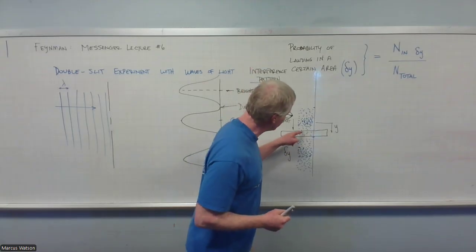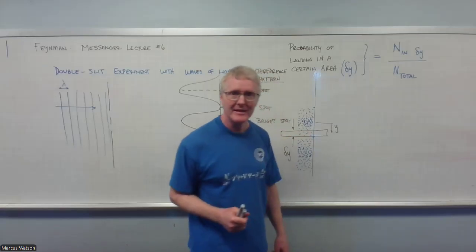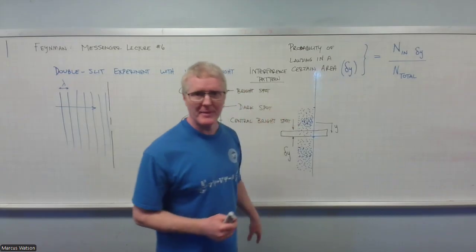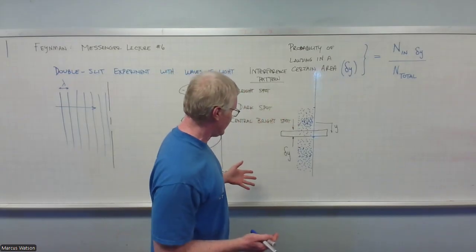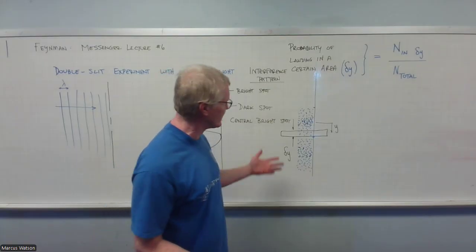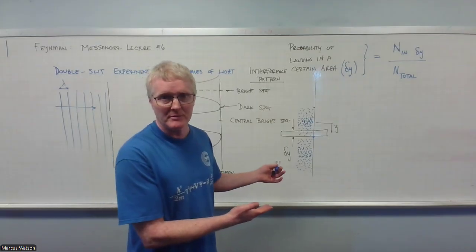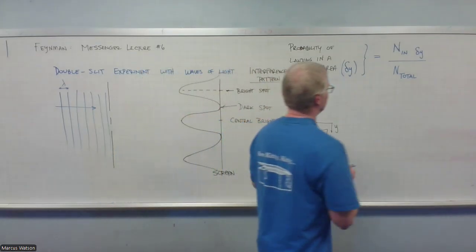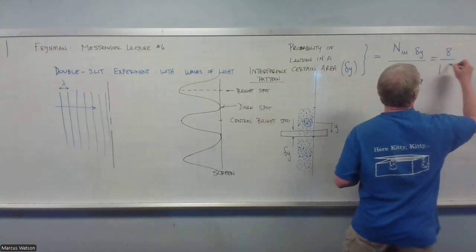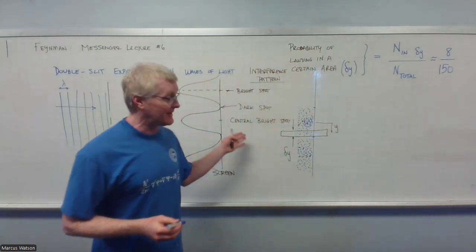In this case, there's 1, 2, 3, 4, 5, 6, 7, 8 dots in my strip right here. And I don't know how many I made, but it looks like maybe 150, 200 dots here. So the probability is 8 in 150, for example. So this could work out to be 8 divided by 150, and that is the probability of landing in that particular strip.